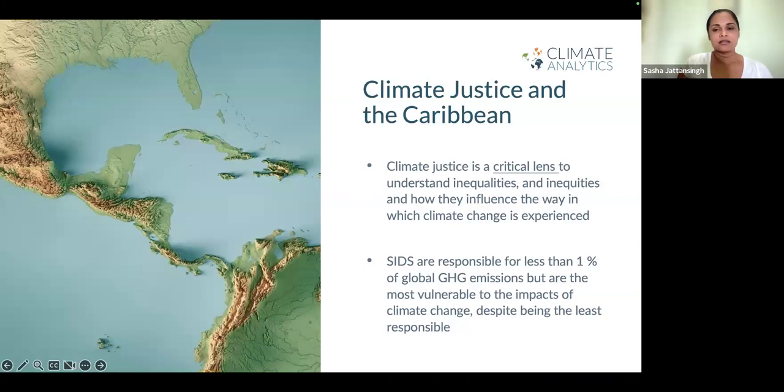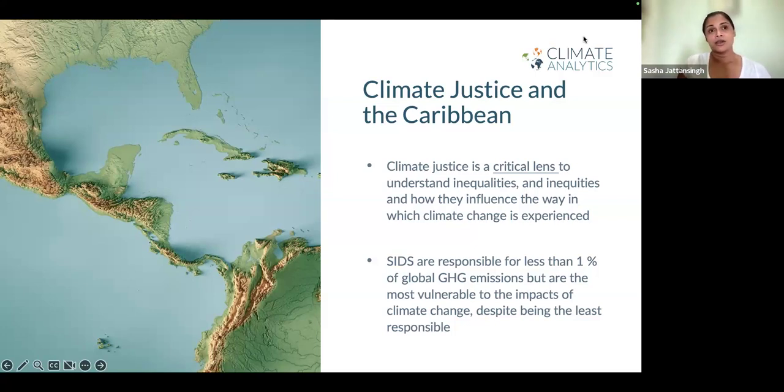And in terms of how we view climate justice in the Caribbean, it's really important to know that climate justice is a critical lens to understand inequalities and how they influence the way in which climate change is experienced. And just to know that SIDS are responsible for less than 1% of global greenhouse gas emissions, but we're the most vulnerable to the impacts, despite being the least responsible.